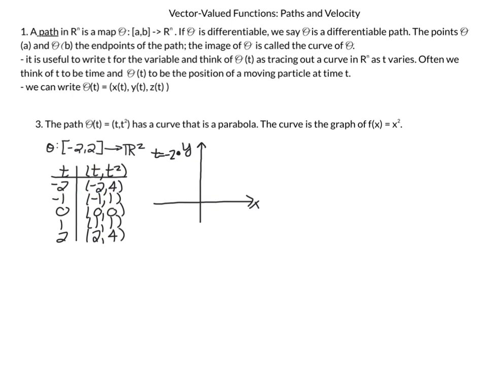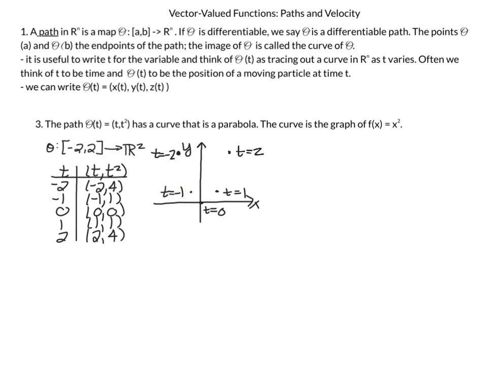Our position now is going to be (-1, 1). At t equals 0, our position is going to be (0, 0). And then as t progresses to 1, our position is going to be (1, 1). And then finally, when t ends at time t equals 2, our position is (2, 4).